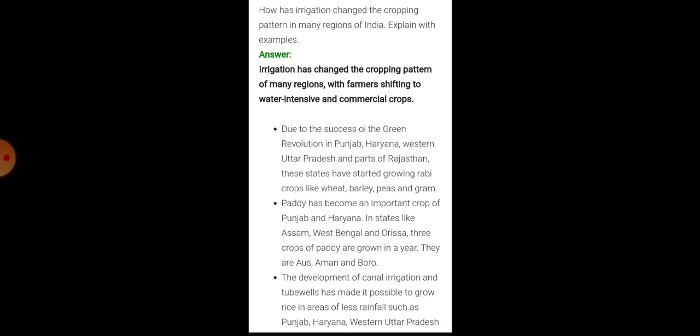In states like Assam, West Bengal and Orissa, three crops of paddy are grown in a year. They are Aus, Aman and Boro. Then next, the development of canal irrigation and tube wells has made it possible to grow rice in areas of less rainfall such as Punjab, Haryana and Western Uttar Pradesh.